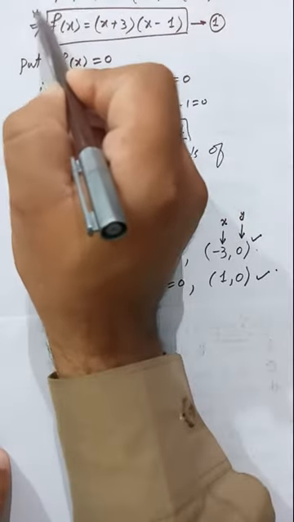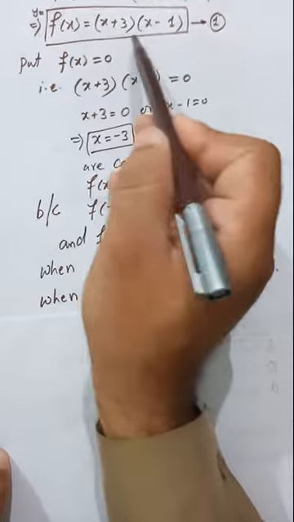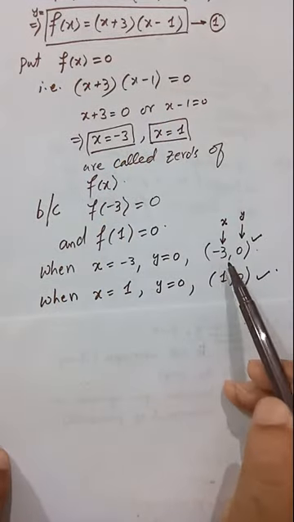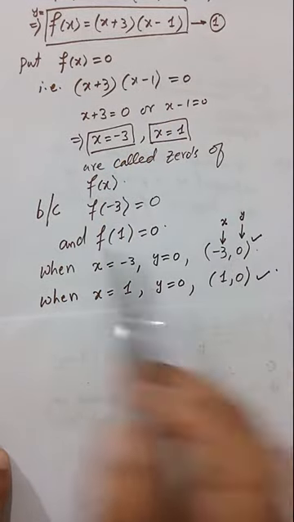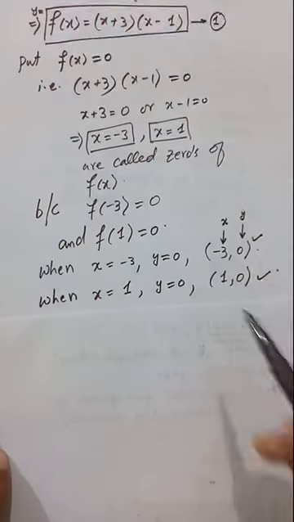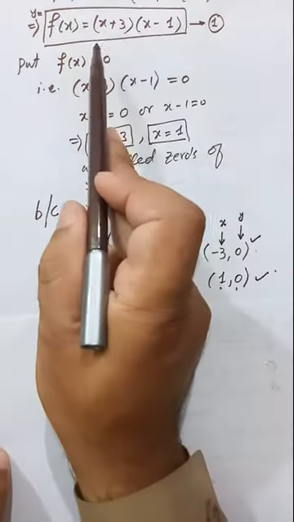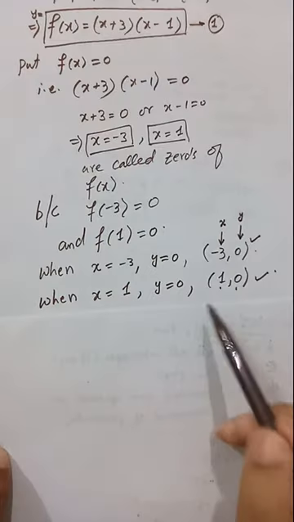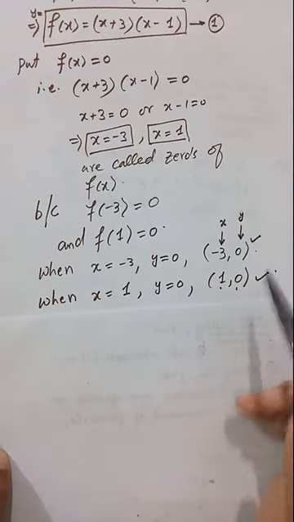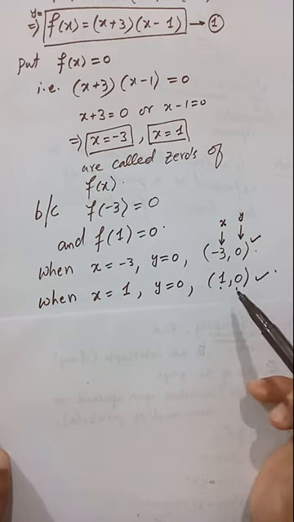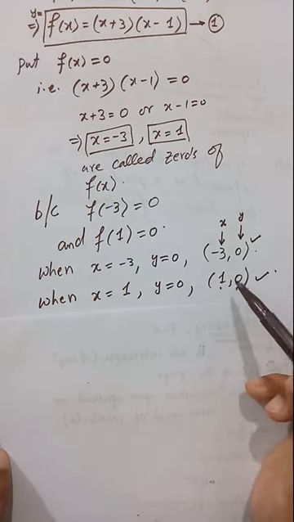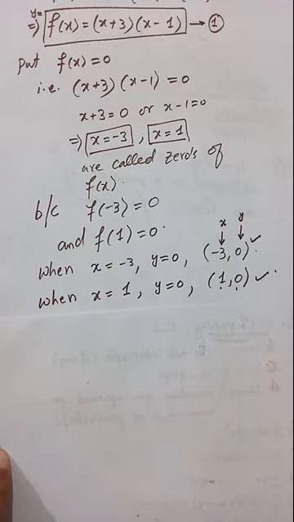You can write f of x is equal to y, so y equals (x plus 3)(x minus 1). So if I plug x equal to -3 and y equal to 0, the left hand side will be equal to the right hand side. And when I plug x equal to 1 and y equal to 0 in this function given in 1, I will get 0 equals 0, meaning these points satisfy the given function because these are the points which lie on the graph of the function.